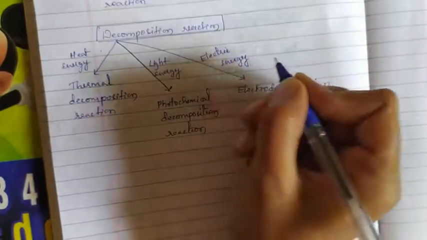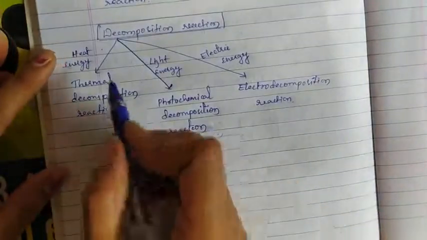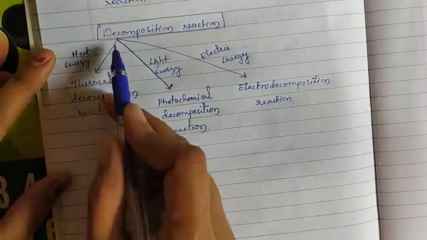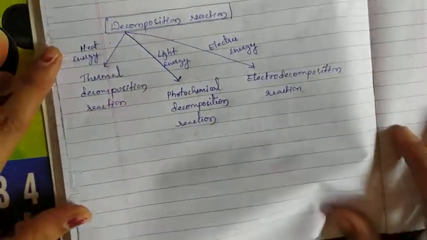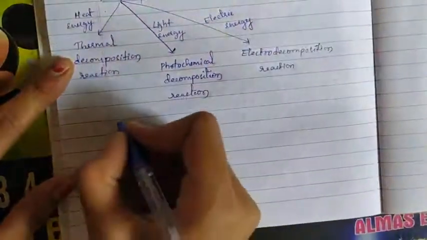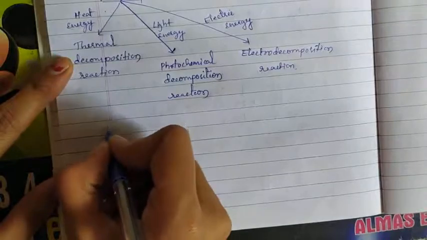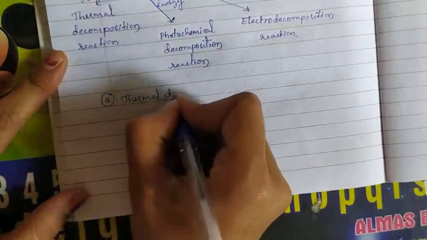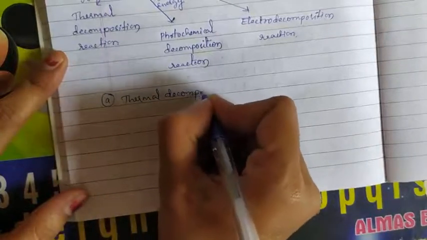Now we will study in detail the types of decomposition reaction. First type is thermal decomposition reaction.